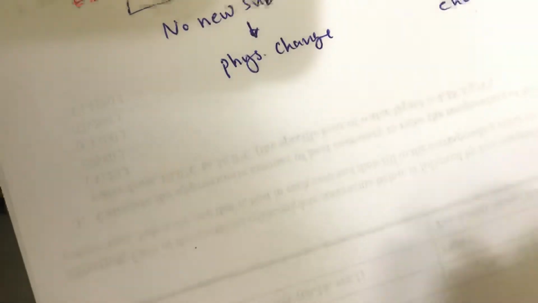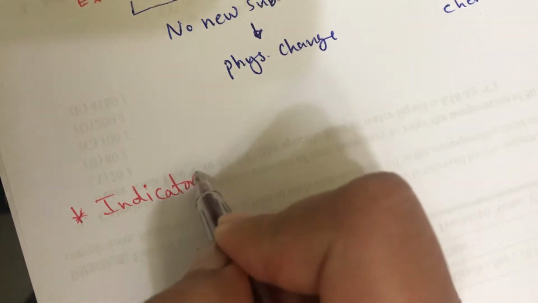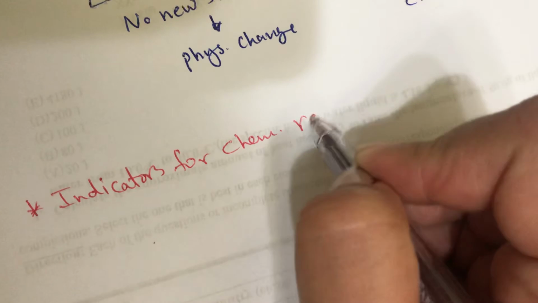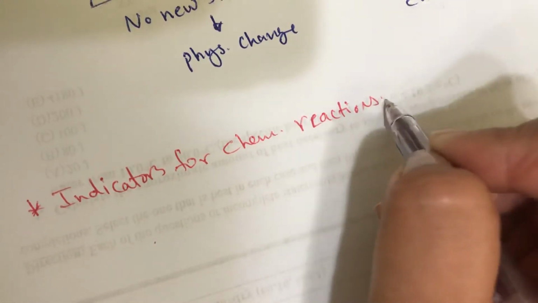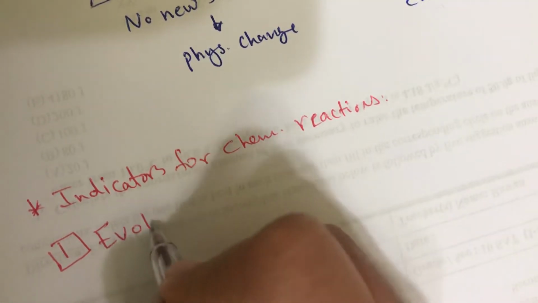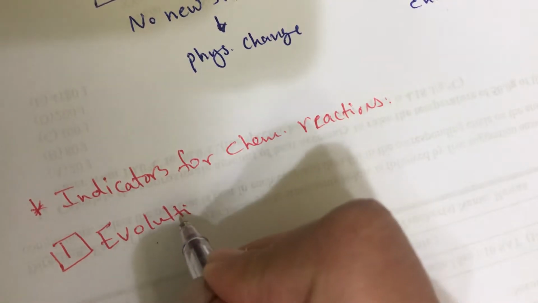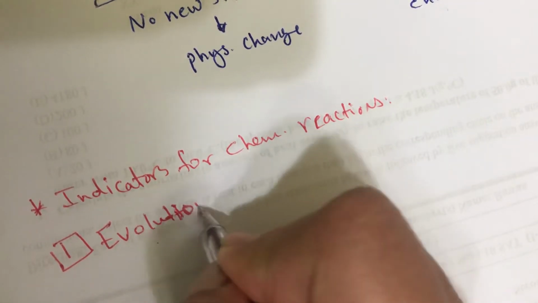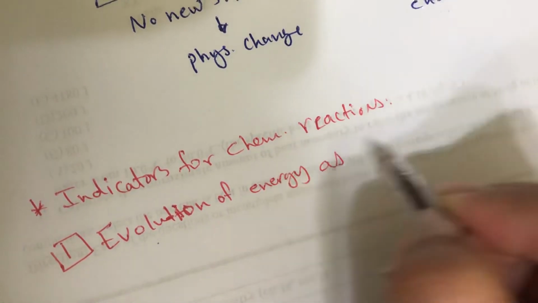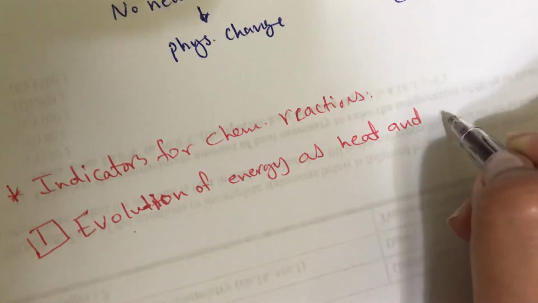So now, indicators for chemical reactions. The first one, evolution of energy as heat and light.